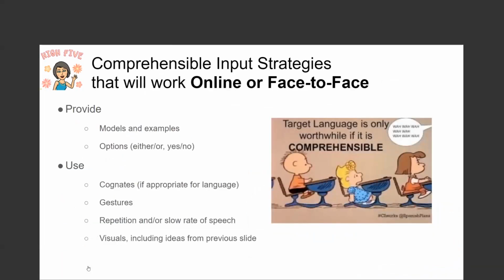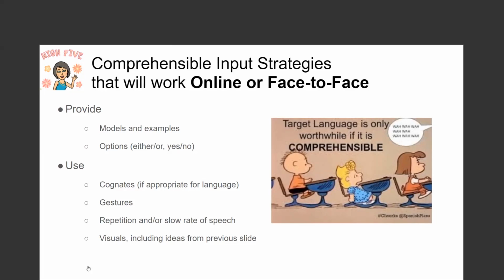And then, of course, regardless of the online or a brick and mortar face-to-face environment, we have to remember that comprehensible input and staying in the language, in the target language, is part of our best practice and part of the ACTFL 6 core practices. And so we have to provide models and examples. We have to have those things at the ready so that we can stay in the language and have examples and models to show. We provide options such as either or, yes, no kinds of pieces.